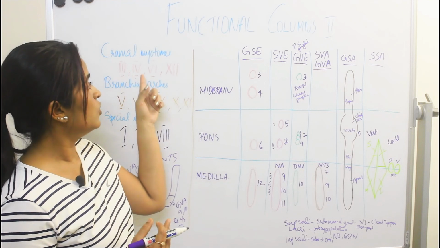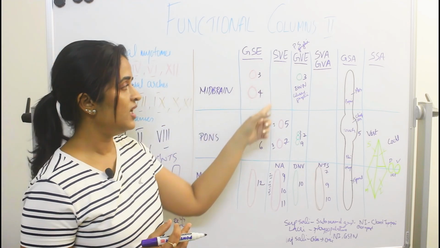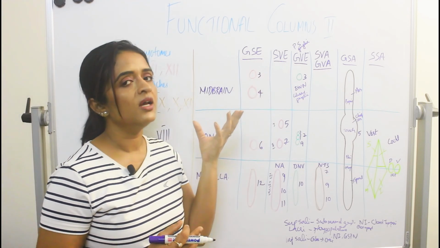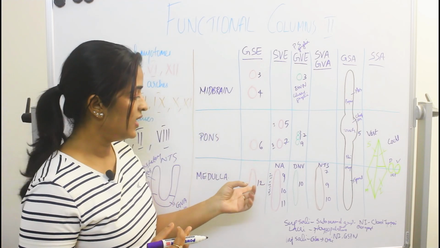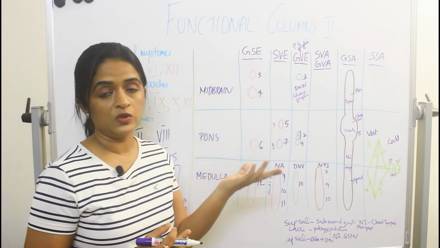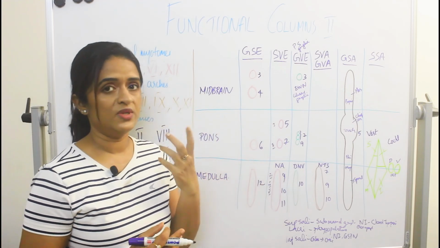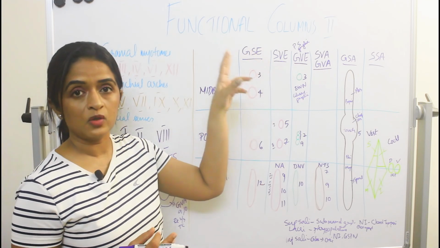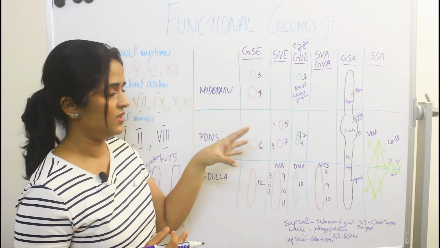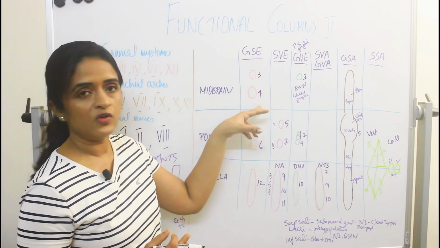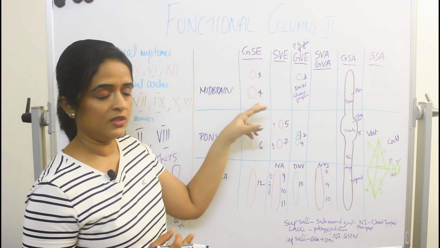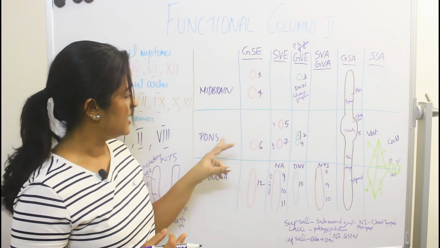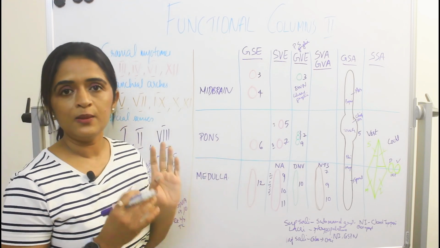We know 3, 4 and 6 deal with the movements of the eyeball, and the 12th, the hypoglossal nerve, deals with the movements of the tongue. So that is what comes under the general somatic efferent, motor nuclei. 3 and 4, as we have already discussed, will be coming in the midbrain, 6 in the pons and 12 in the medulla.